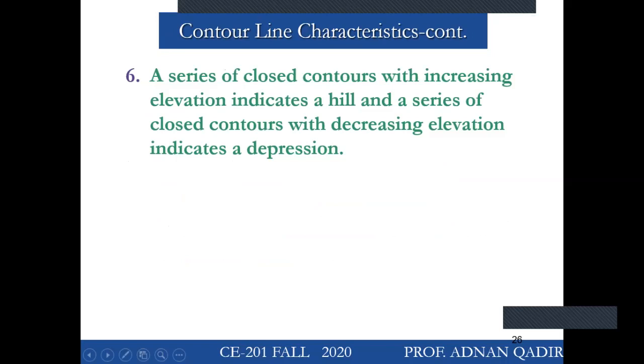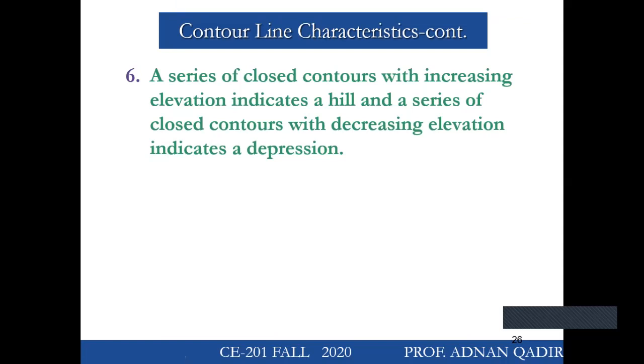Now, if the contours are very close to each other and they have increasing elevation, it is indicating a hill. And a series of close contours with decreasing elevations indicates a depression. So if your elevation is increasing from outside to inside, it's a hill.